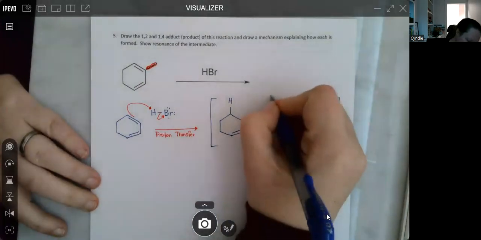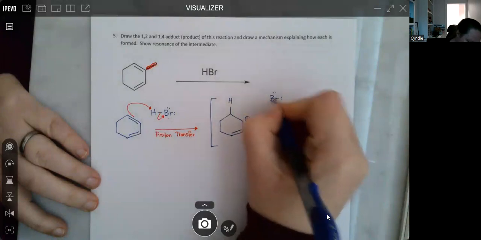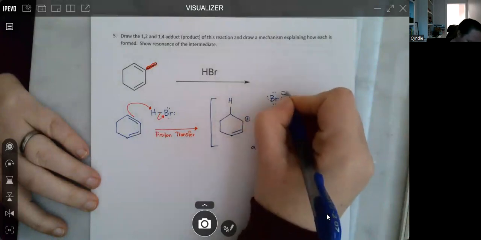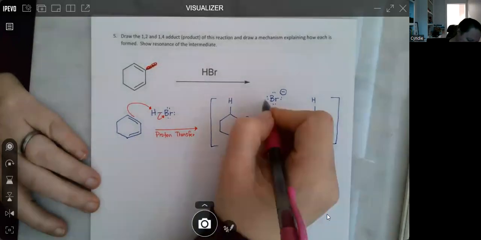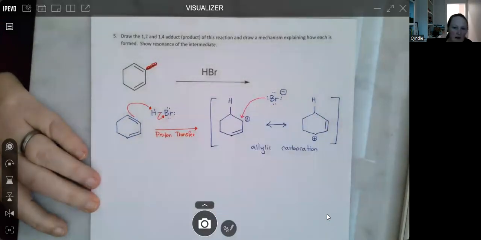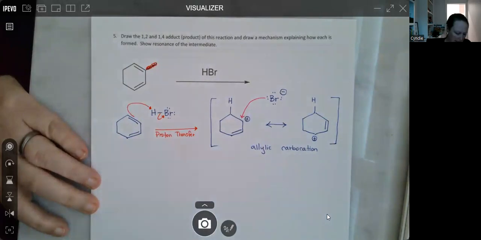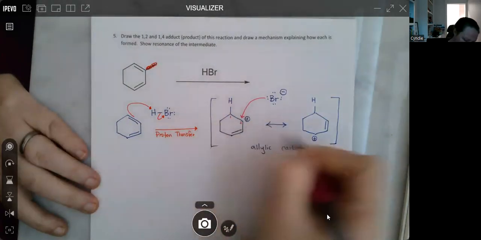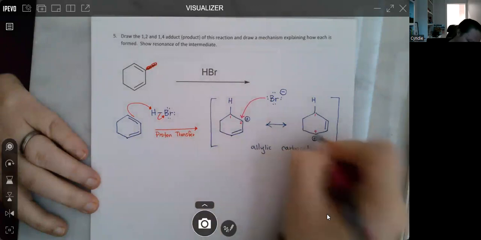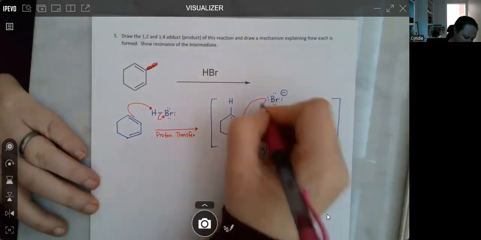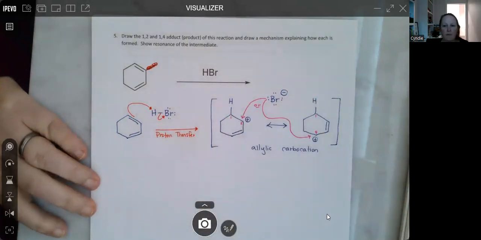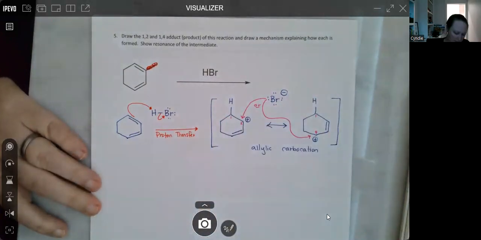We also form some bromide in the first step. And that bromide can either attack carbon number 2, hence 1,2, or it could attack carbon number 4, generating two different products.